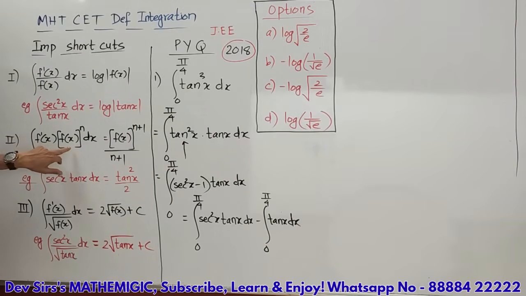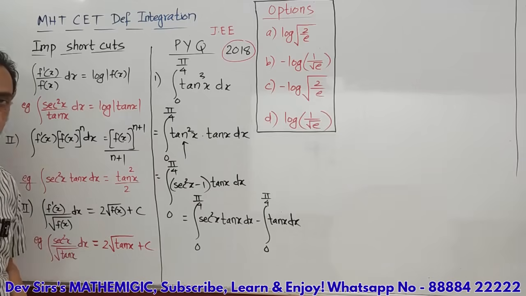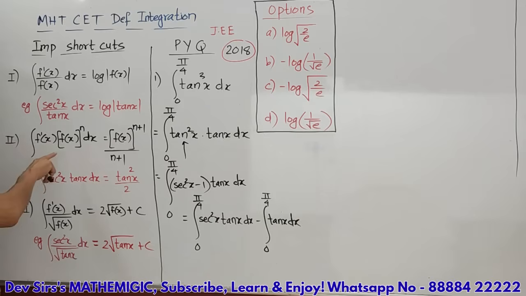So when both f dash x and fx are present side by side and you have fx raised to n, the answer is fx raised to n plus 1 upon n plus 1. As simple as that. Again I am repeating. When f dash x derivative and function are present side by side with a multiplication sign, ऊपर डिवीजन साइन था, then the answer is fx raised to n plus 1 upon n plus 1.